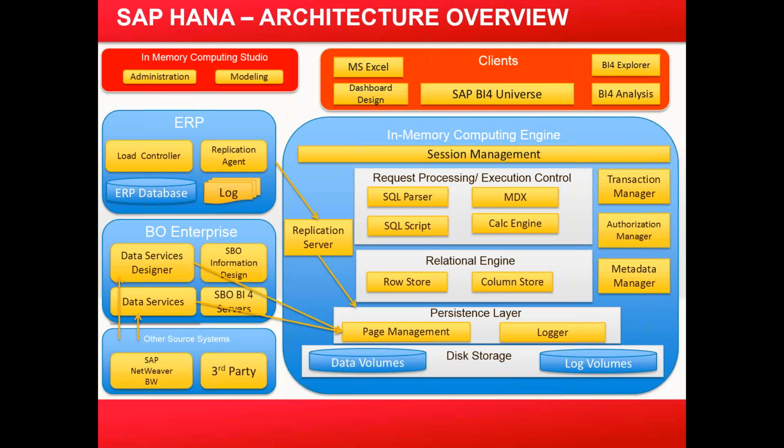Those kinds of transformation and the setup of the tables happen in the relational engine space, which also stores the metadata in the form of either column or row-wise, depending upon the type of metadata stored within the database.